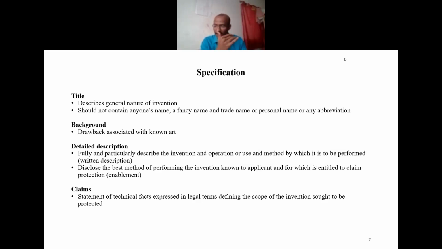And at the last, you have to say your point, that all those prior art, all those patents which are there in this particular field have this disadvantage. And because they have this problem in this particular field, I have come up with a novel solution to that problem.